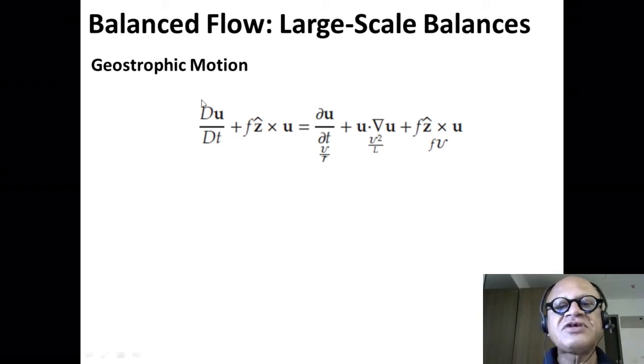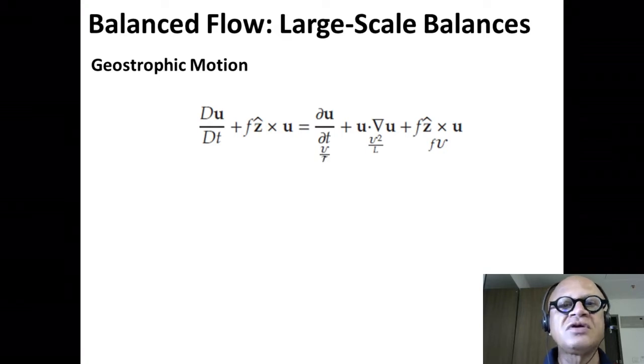Okay, here is our equation: du/dt plus f z cross u, our Coriolis term, which can be expanded into partial u partial t plus u dot grad u, the advection term, plus f z cross u. When we do dimensional analysis, basically we look at a typical velocity.